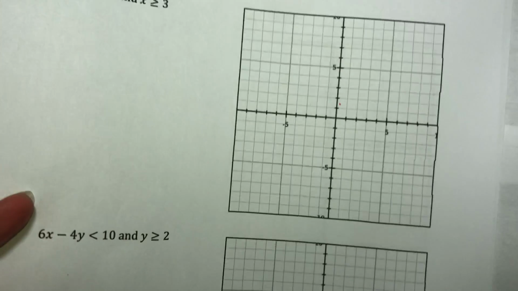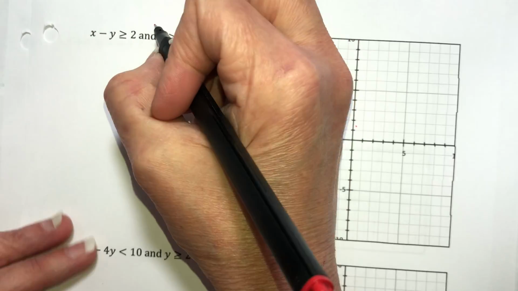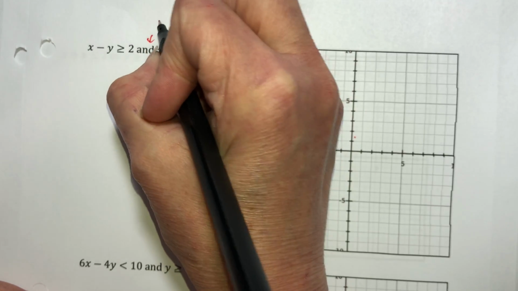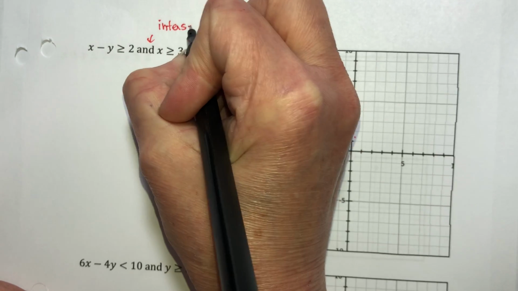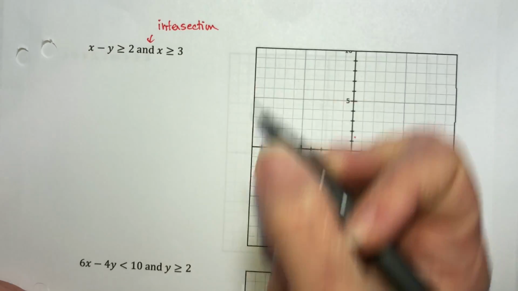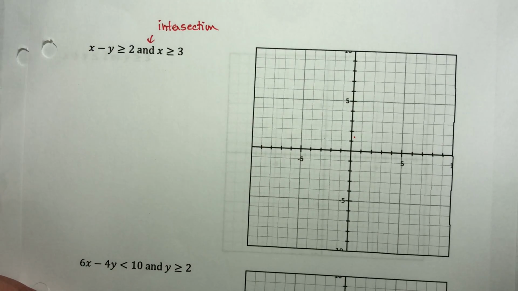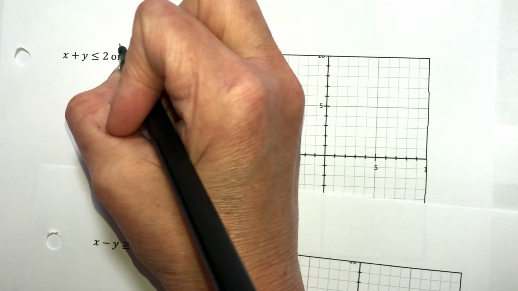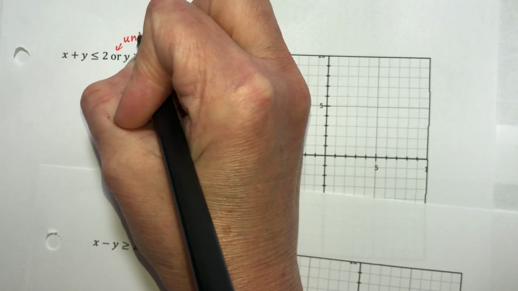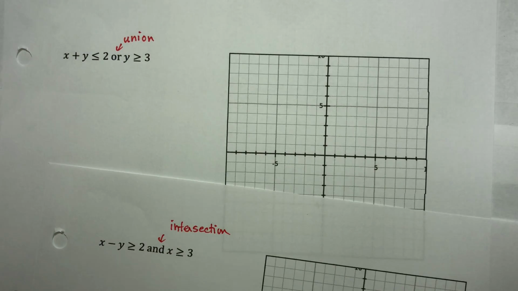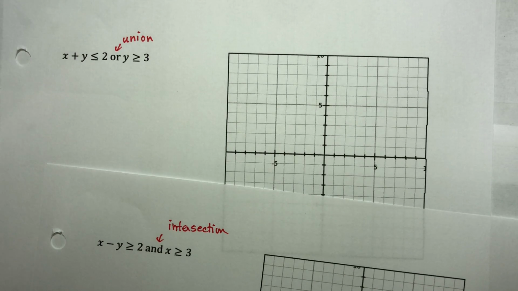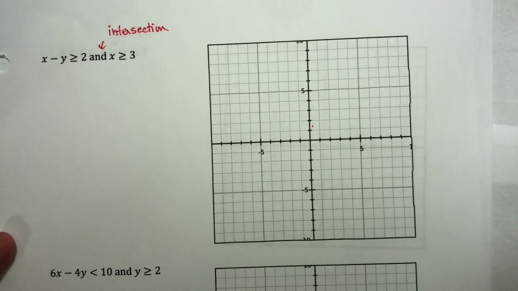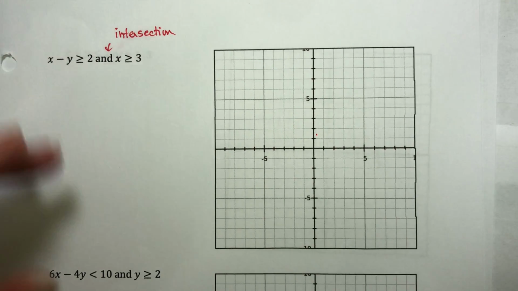Now, if you remember from chapter 2, and is intersection, which means we only want the part that they have in common. Or will be union, which means everything that is part of either answer is part of our solution, because union takes everything. Intersection only wants the overlap.